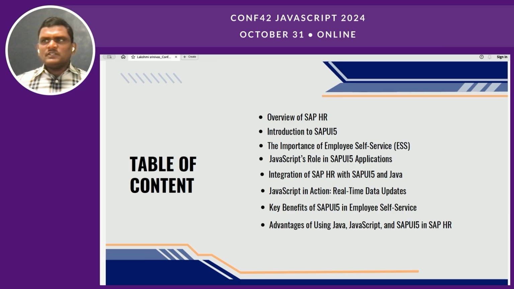This topic is divided into an overview of SAP HR, introduction to SAP UI5, importance of employee self-service, Java's role in SAP UI5 applications, integration of SAP HR with SAP UI5 and Java, JavaScript in real-time data updates, key benefits of SAP UI5 in employee self-service, advantages of using Java, JavaScript, and SAP UI5 in SAP HR.